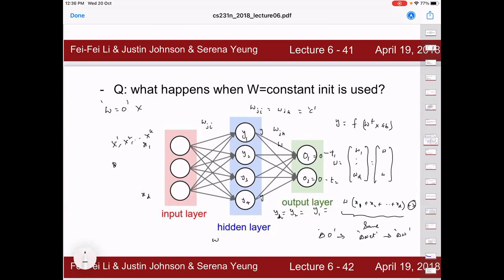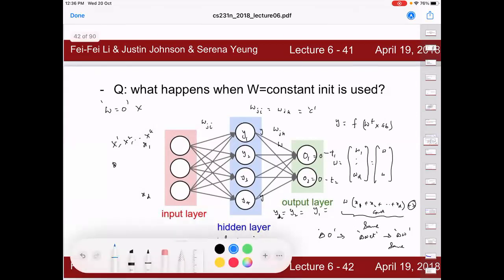Initially the w's are the same, and subsequently delta w is the same, because the outputs of each of the hidden neurons are the same, since this term is constant. Since outputs are the same, the errors are the same, and the weight updates are also the same. In that case, no learning happens. So if w is constantly initialized, no learning happens in the neural network. So this is also not a good procedure.